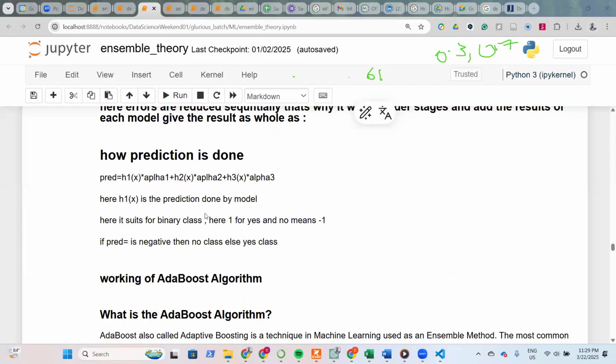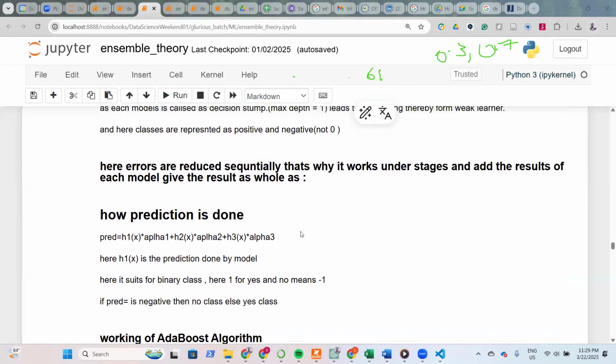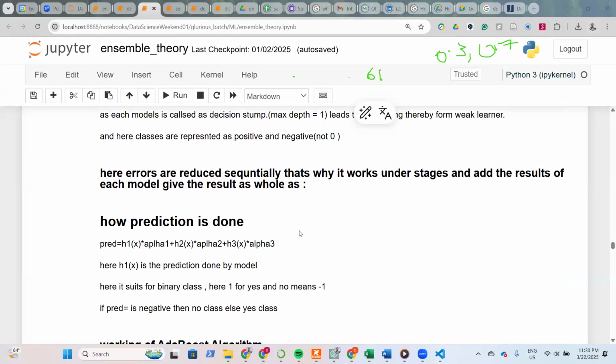Here, H1 alpha is the prediction done by model 1. Here it is suited for binary classes, where 1 is for yes and negative 1 is for no. So if the prediction is negative, then it is the no class, else yes. Now you use the amount of say to be able to do prediction, right?